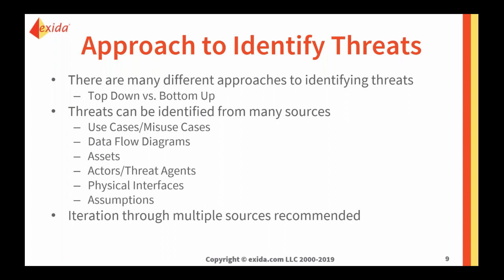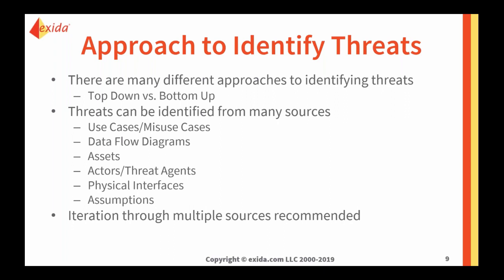Data flow diagrams we've talked about as the bottom-up method. Another common method that's used is to look at the assets in the system. Assets in the system are essentially anything that would have value to an attacker. So an asset might be the configuration of a system, or it might be specific data that provides key information about users, like, for example, usernames in the system.